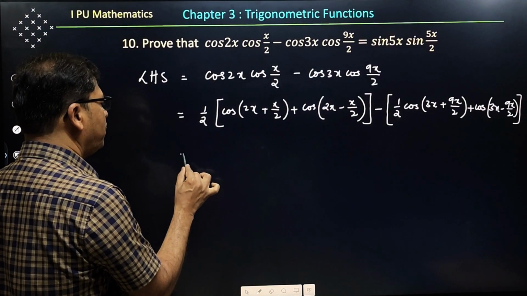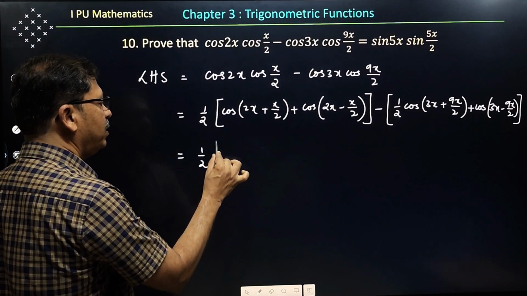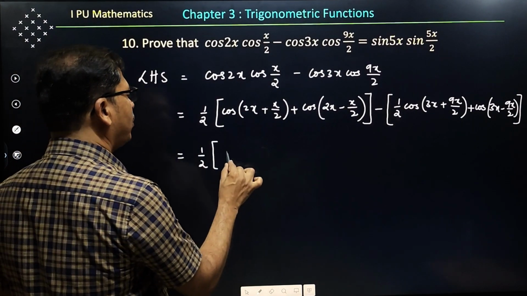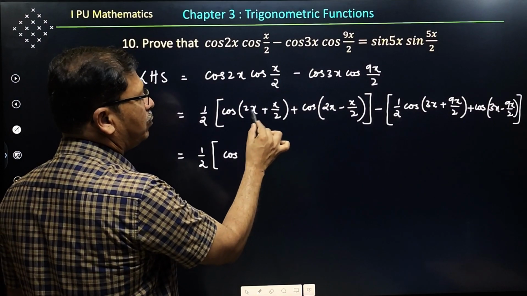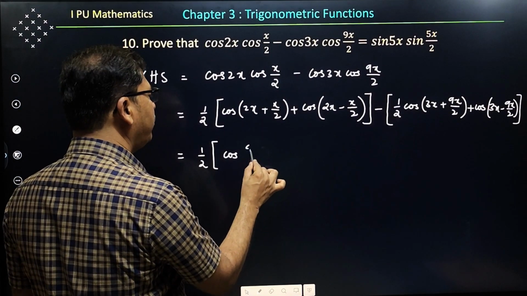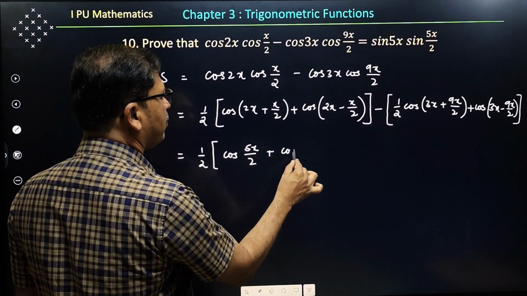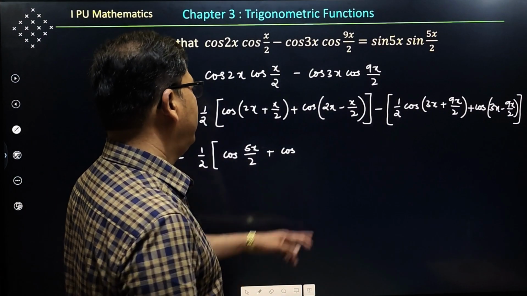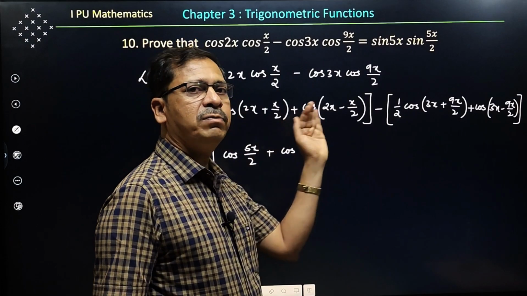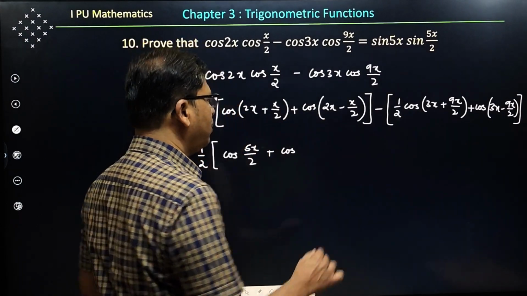This is equal to 1 by 2 outside as it is into bracket: cos of 2 into 2 is 4, 4 plus 1 is 5, so cos 5x divided by 2, plus cos of 2 into 2 is 4, 4x minus x is 3x, so cos of 3x divided by 2.